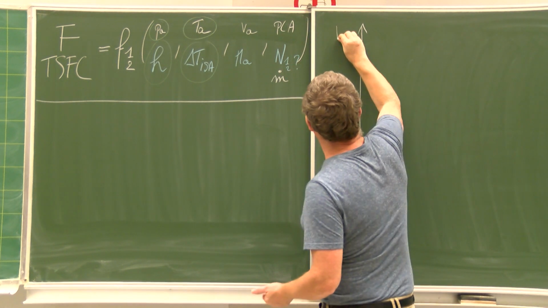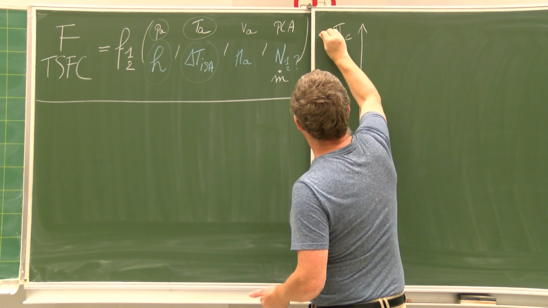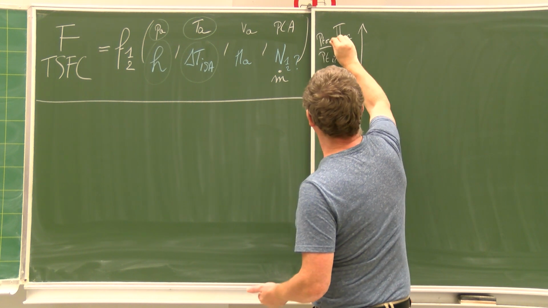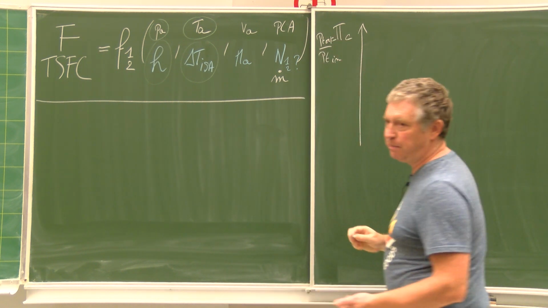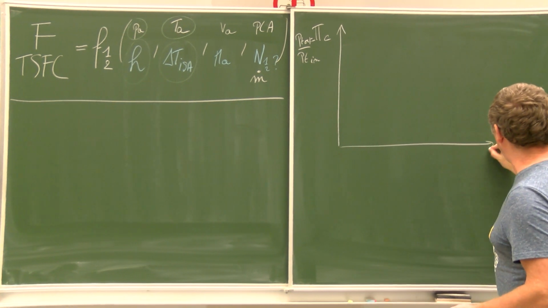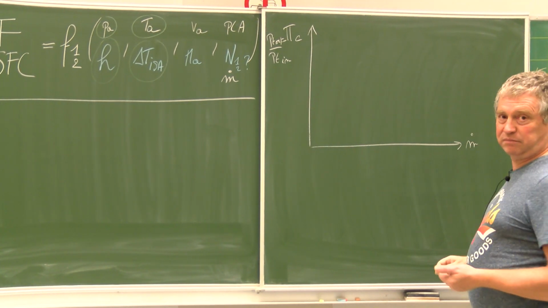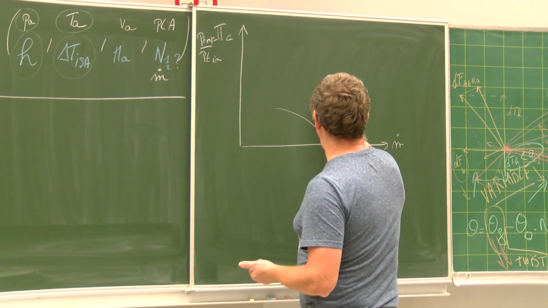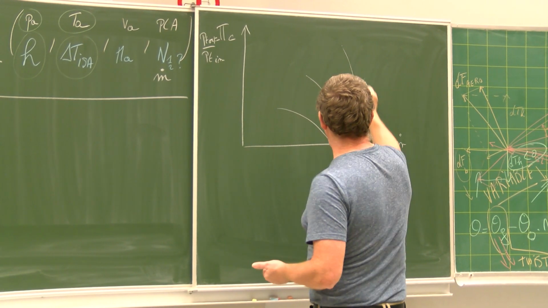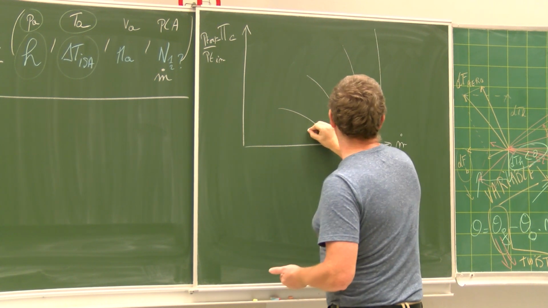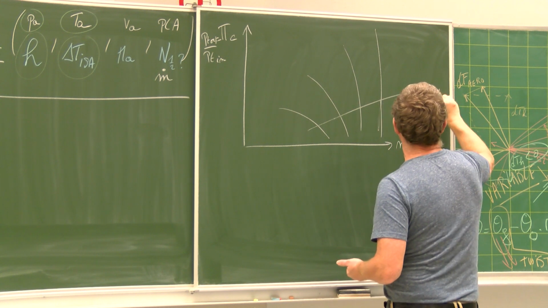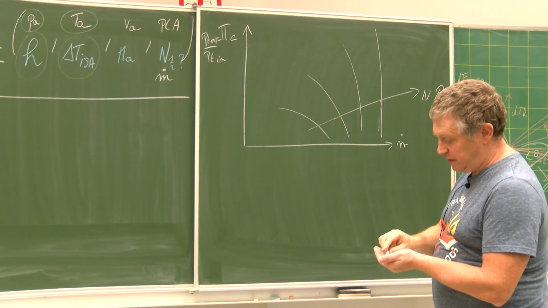We were using there the pressure ratio, which is PT out divided by PT in, in function of the mass flow rate, okay? And we add as another parameter the rotational speed. It makes the curves like this, with a rotational speed that is increasing.